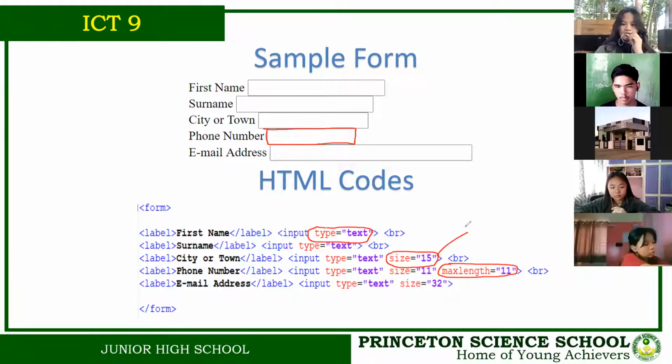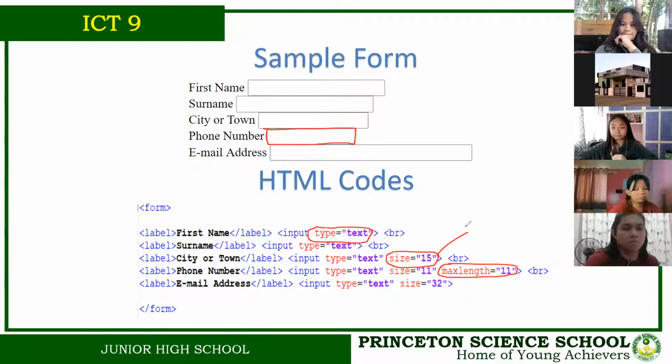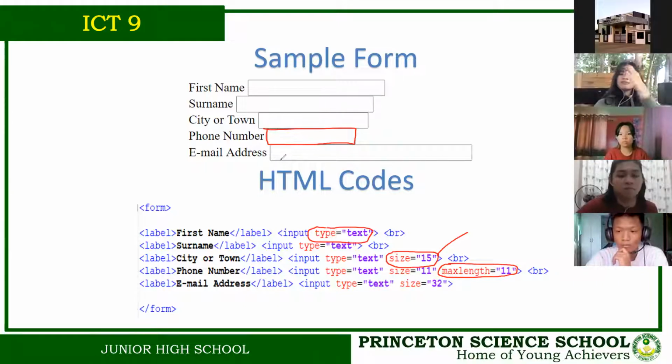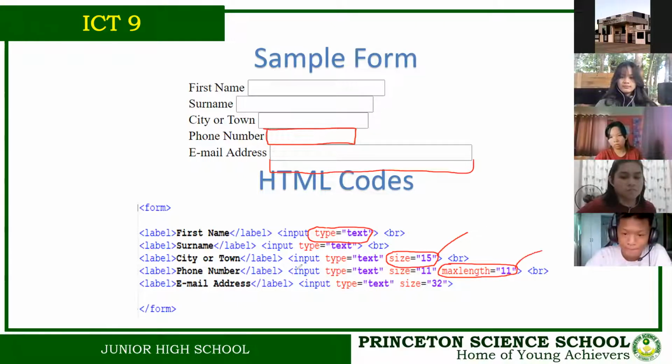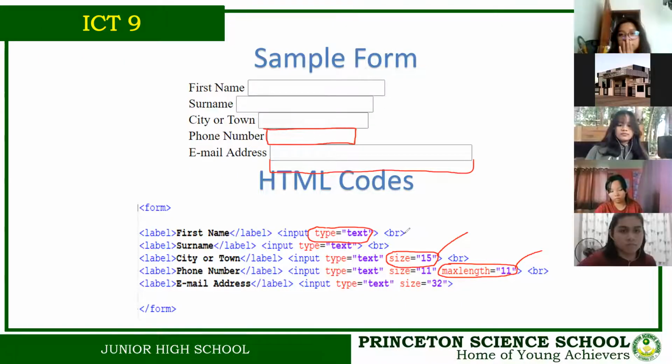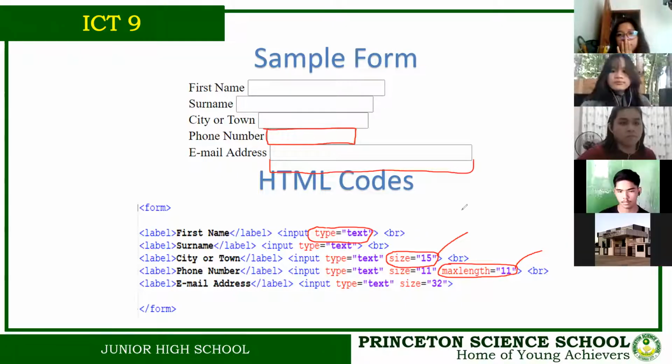So it is to adjust the size of the box, up to how wide the box will be. That is the purpose of the size formatting attribute. And how about the max length? Yes, Dungan. So we could change the length of the text box.